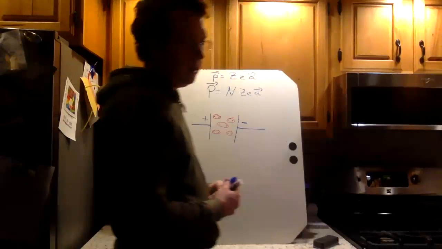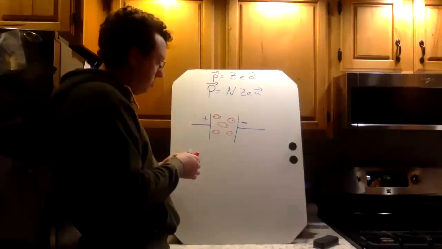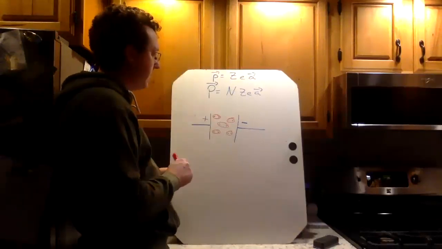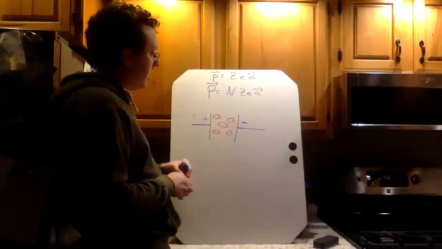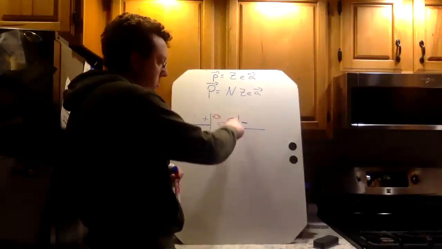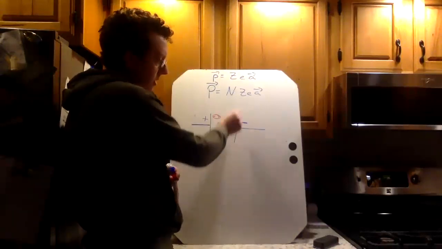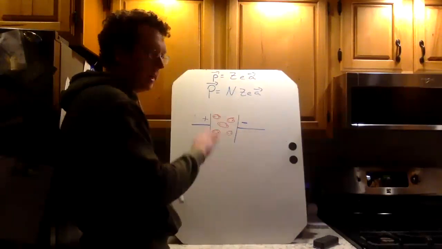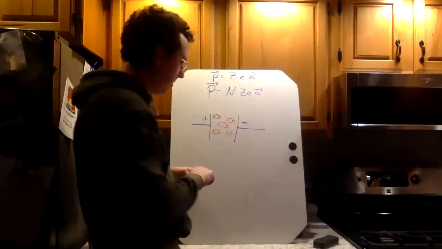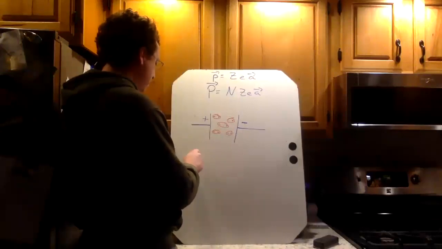Okay? So what we could do is quantify this effect and ask, how much charge do you actually get along the edge? What's the boundary layer of charge that you get? So we'll call that the surface charge.